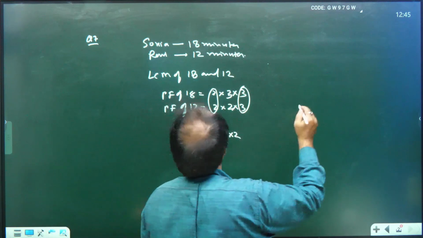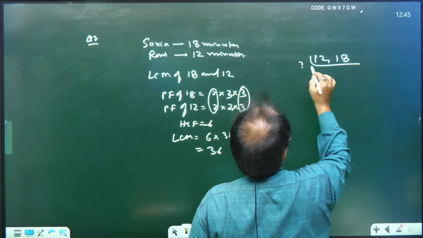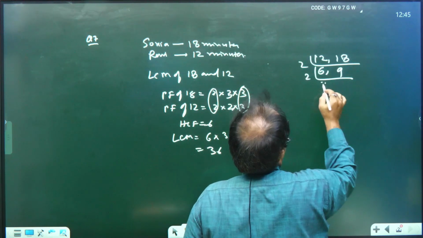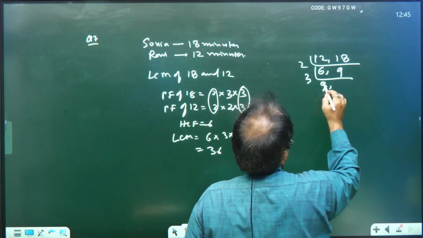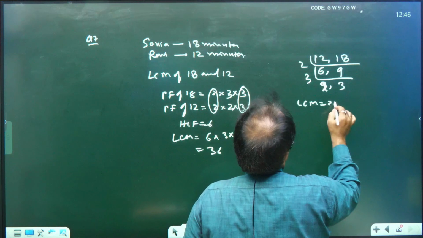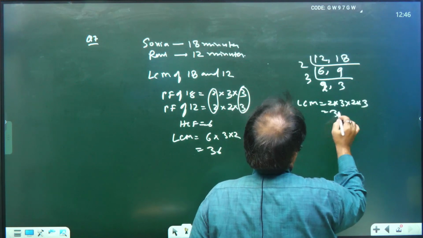Or you can find the LCM by long division also, with 12 and 18. Divide by 2, then 2 sixes are 12 and 2 nines are 18, then divide by 2 again, 3 and 9, then by 3, and 1 and 3. So the LCM will be 2 into 3 into 2 into 3. Hence it is 36.